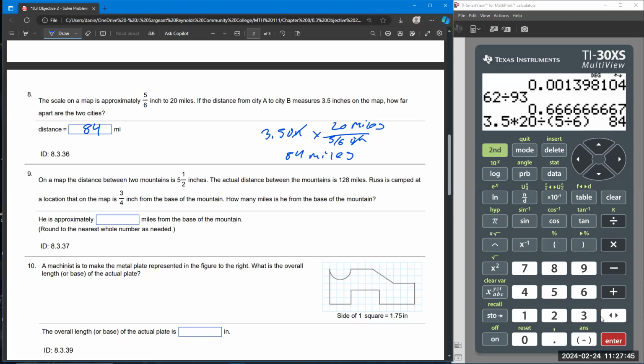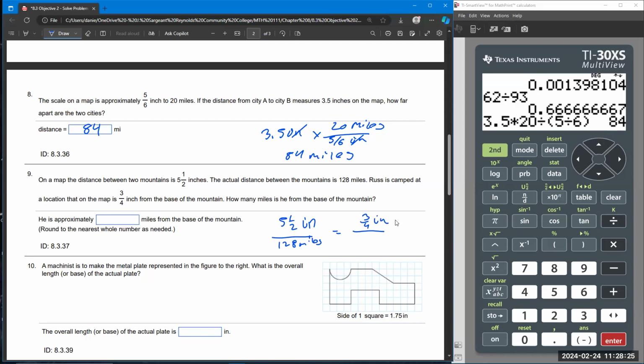On a map, the distance between two mountains is 5.5 inches. The actual distance between the mountains is 128 miles. Russ is camped at a location on the map 3/4 inch from the base of the mountain.